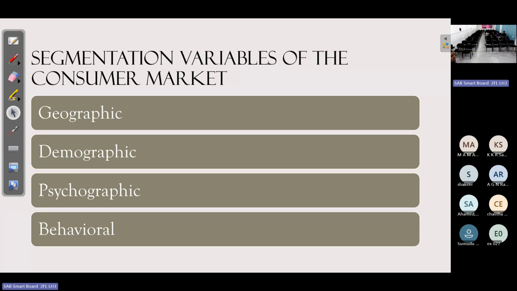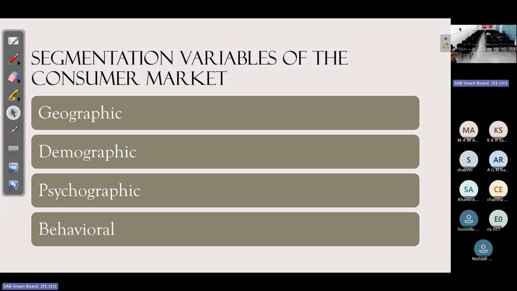Likewise, we can categorize those factors into different categories. So here we have geographic, demographic, psychographic, and behavioral. In terms of these bases, we can categorize customers into different segments. So first, you can write down the topic.